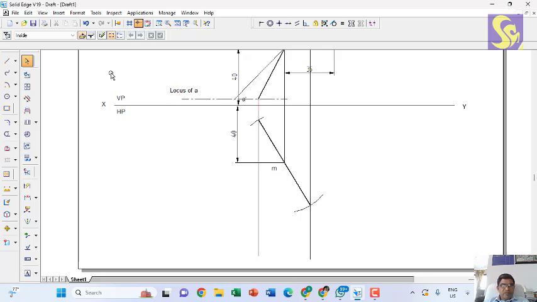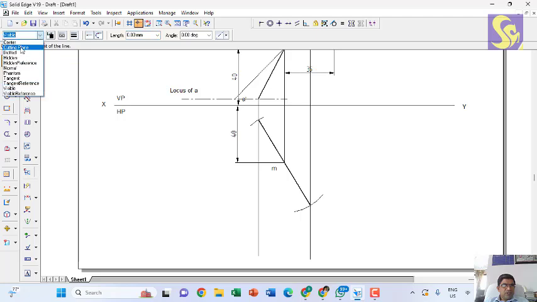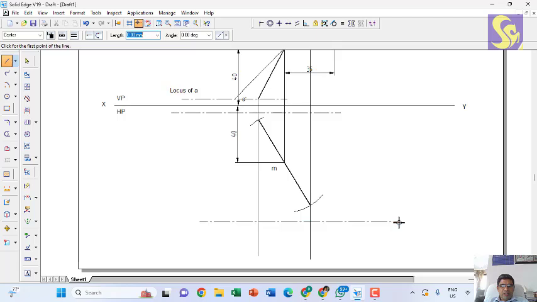Now then you can draw the locus of the top view, locus of A and locus of B, and try to connect them.